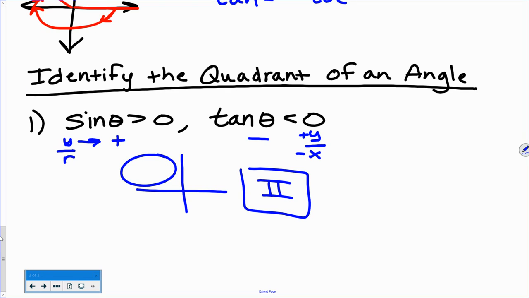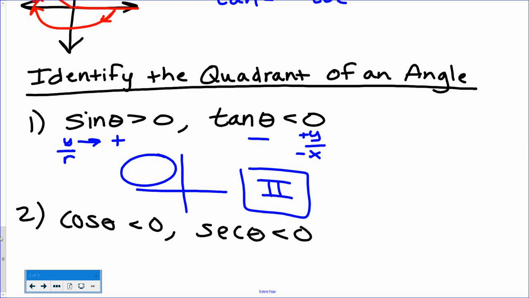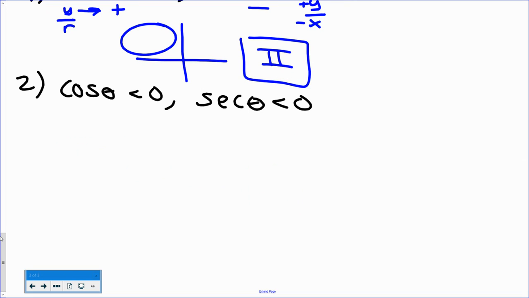Okay, let's look at another one like that. So number 2, if I say cosine of theta is less than 0 and secant of theta is less than 0, where would that have to be located to make that true?